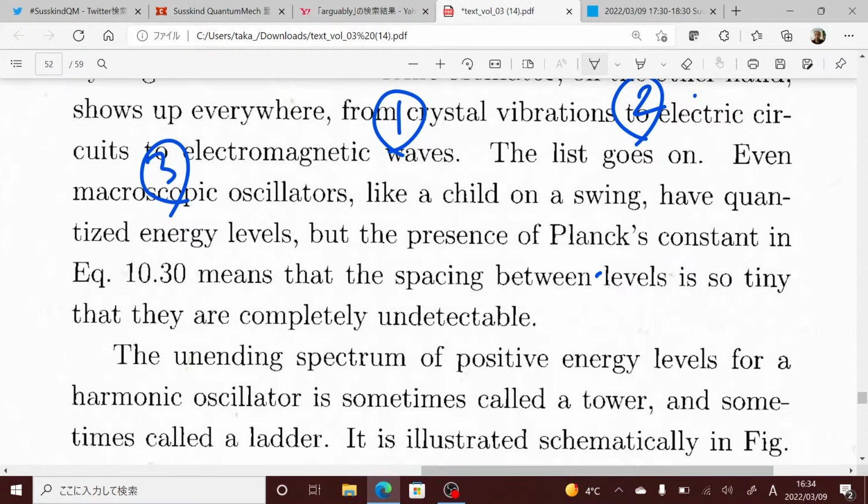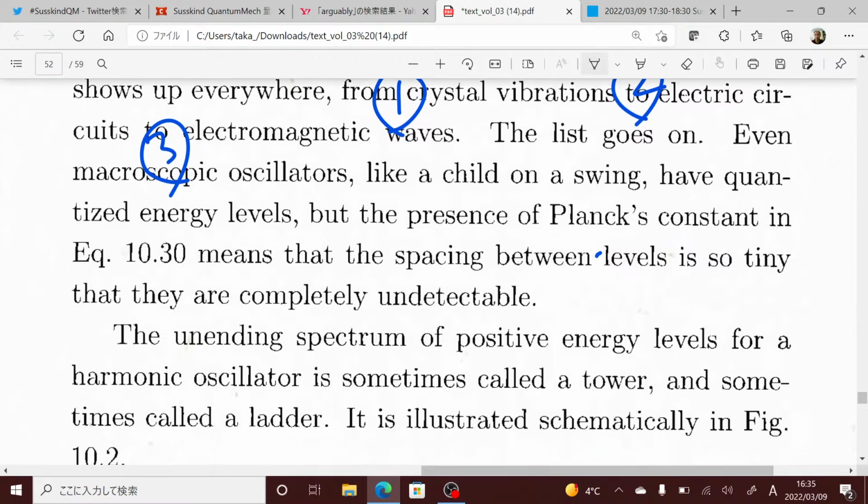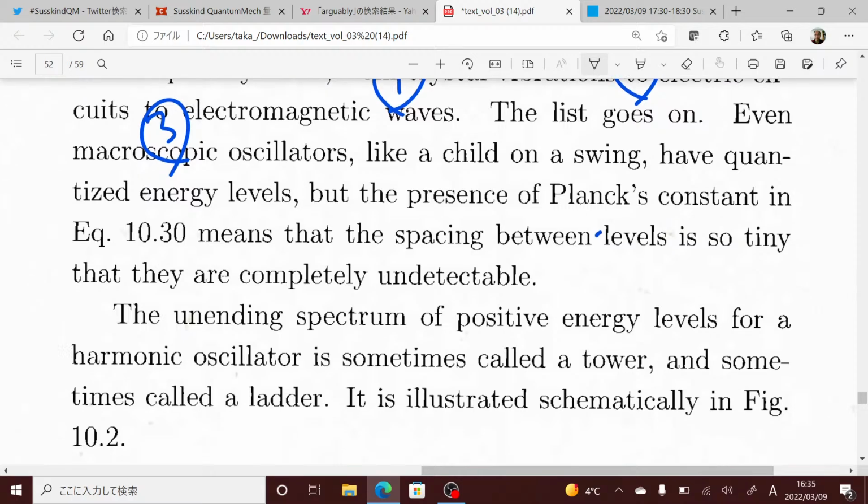Even macroscopic oscillators, like a child on a swing, have quantized energy levels, but the presence of Planck's constant in equation 10.30 means that the spacing between levels is so tiny that they are completely undetectable.